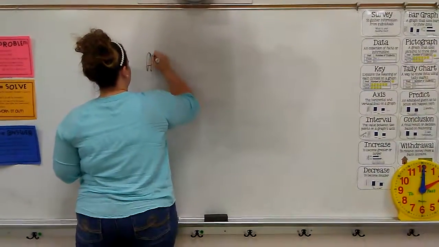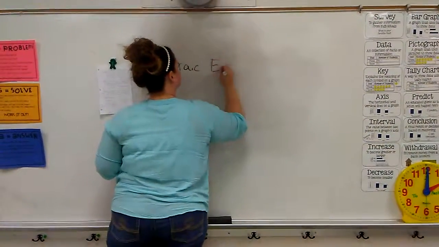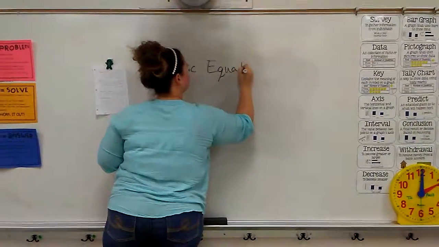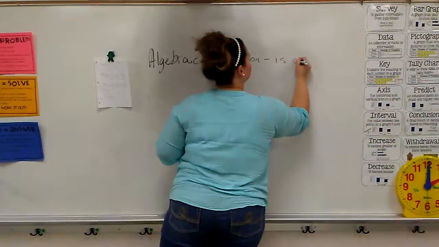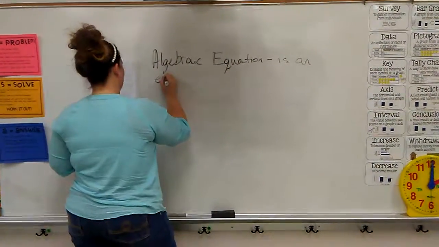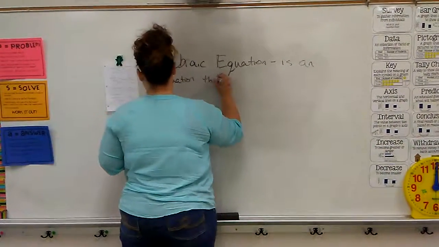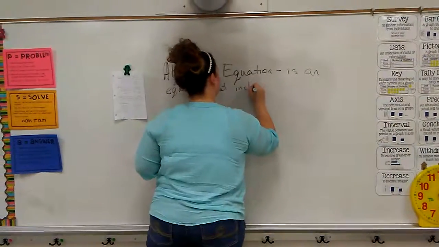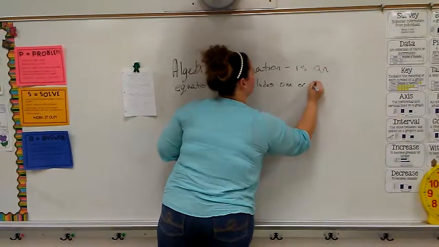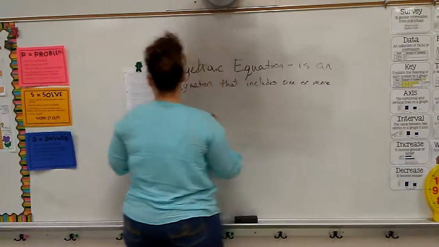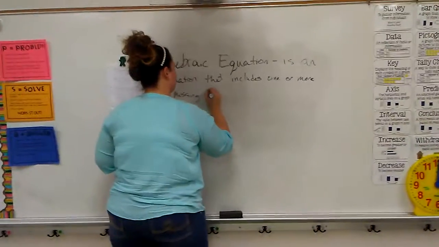An algebraic equation is an equation that includes one or more missing variables.